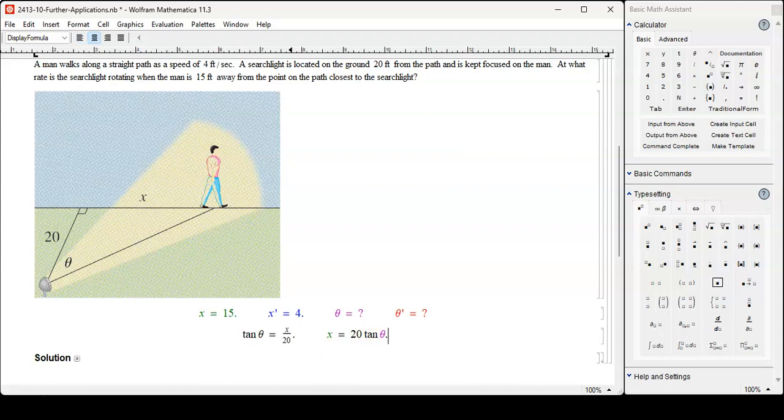and then taking the implicit differentiation, what do you get? X prime is 20, and then the derivative, secant squared theta, and theta prime always pops up. So this is a quantity I'm looking for.